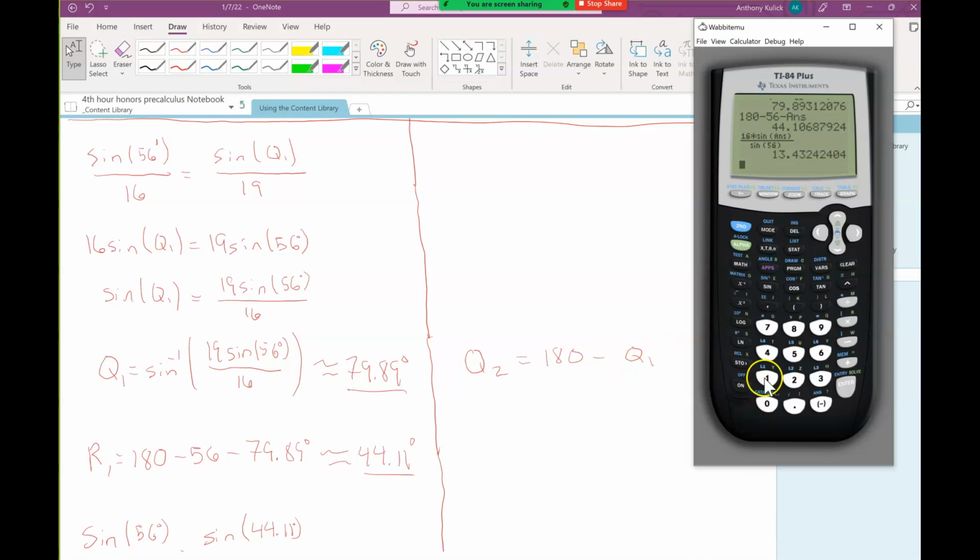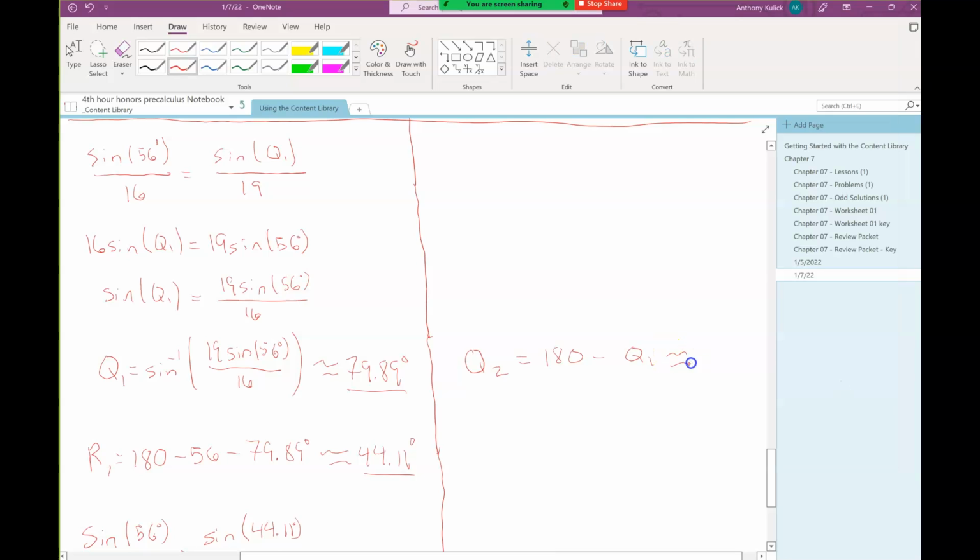It's actually less computation to get the second triangle, because to get the first angle, all you need to do is a little bit of subtraction. So that's 100.11. That's a heck of a lot easier than having to do the law of sines again, right?